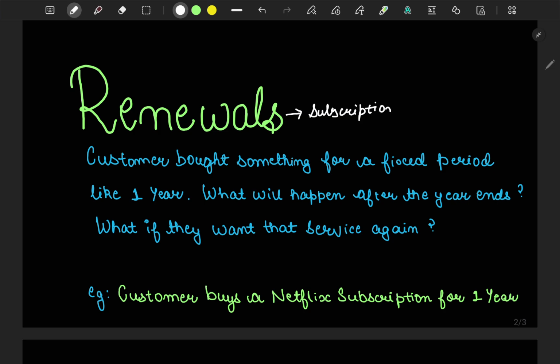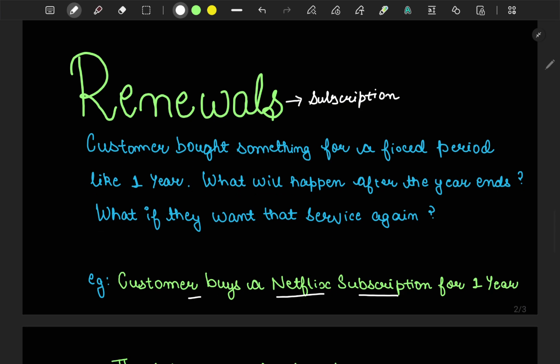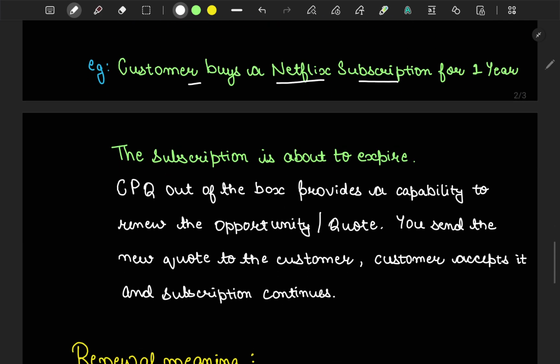Asset-based products you sell one time, so there is nothing to renew for them. But for subscription-based products we want the service to be recurring. Let's suppose I take our Netflix subscription example: if you take it for 1 year, the subscription would expire after that, right?